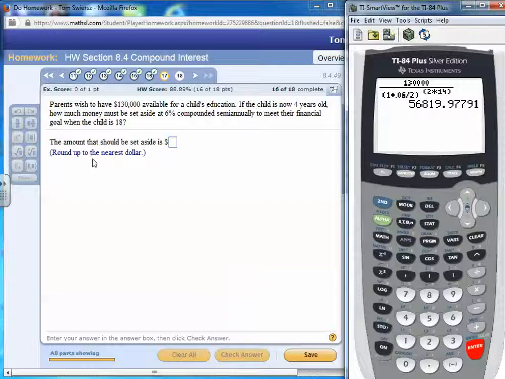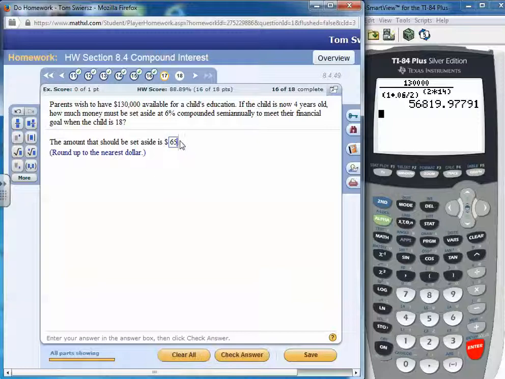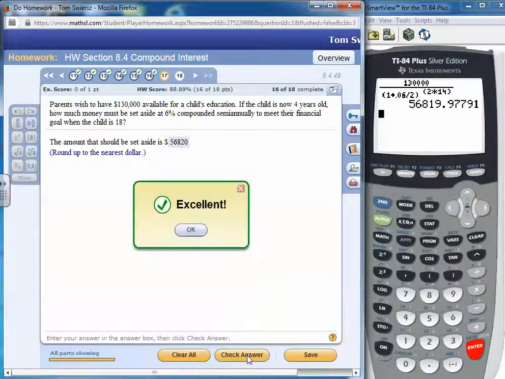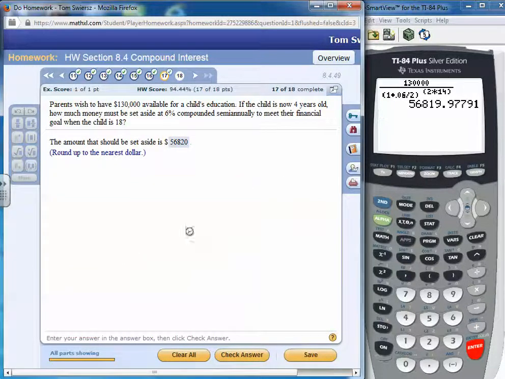They need to set aside, and again, round up, $56,820. Rounding $56,819.97 up makes it $56,820. All right, very good.